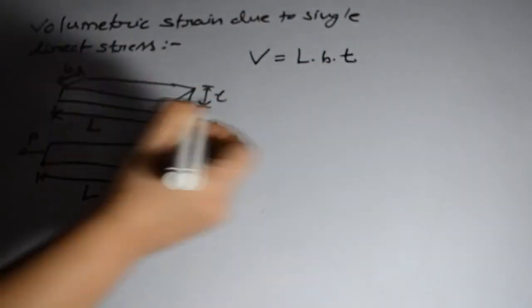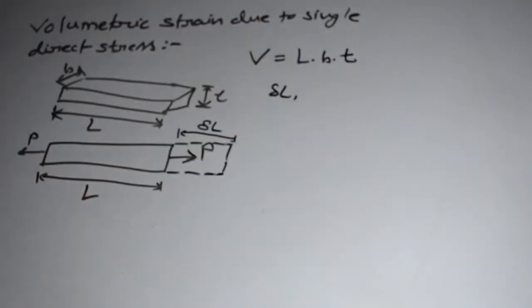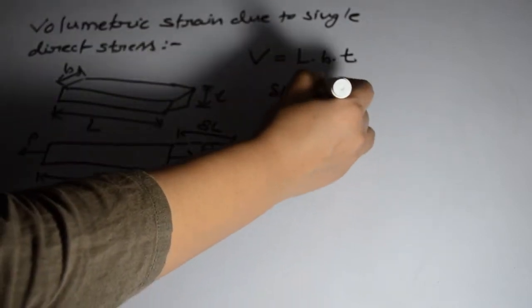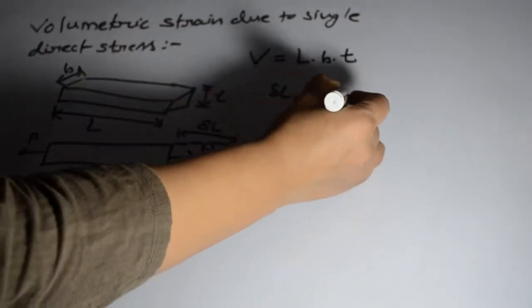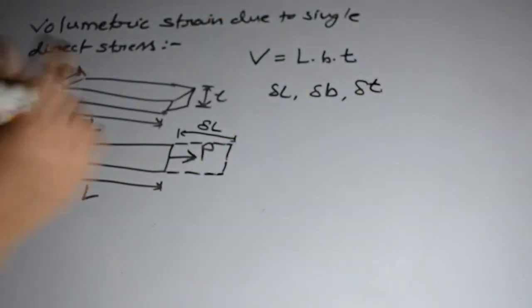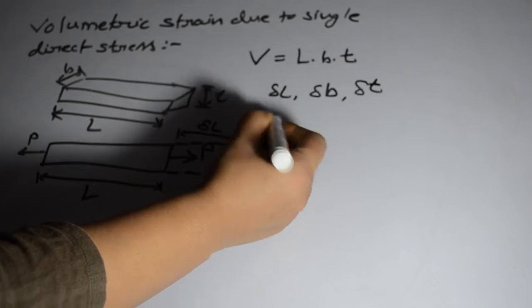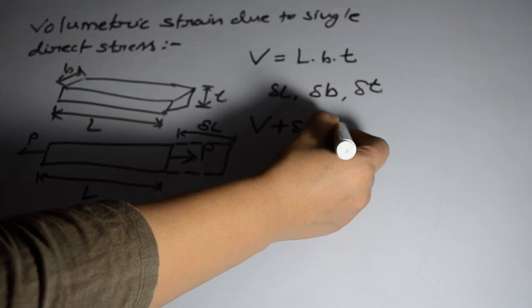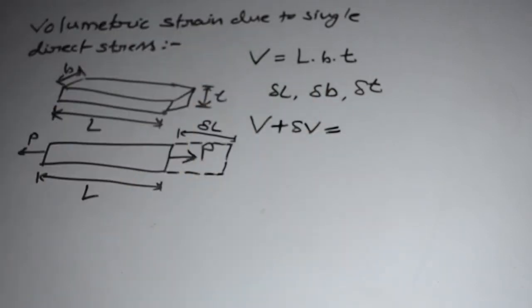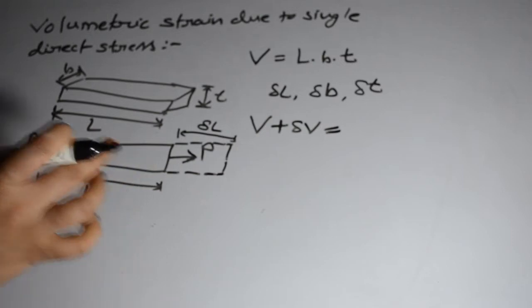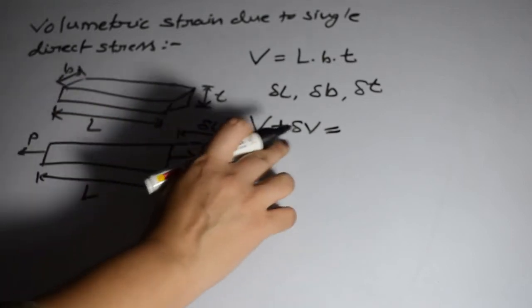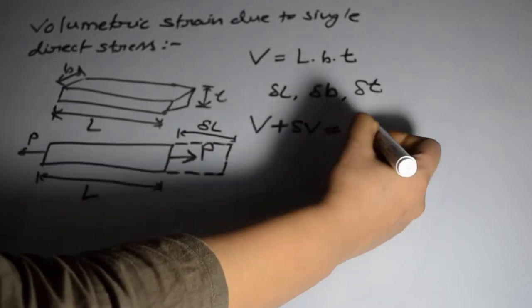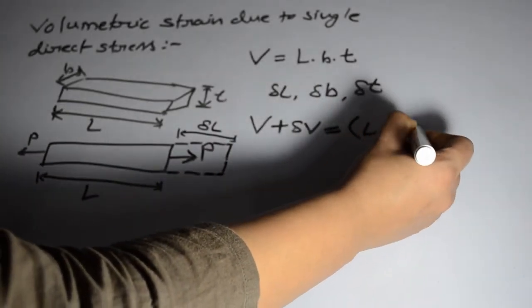If delta L is the change in length, delta B is the change in width and delta T is the change in thickness, we can write V plus delta V as the final volume of this rectangular bar after applying this tensile force. So V plus delta V equals L plus delta L. Why?